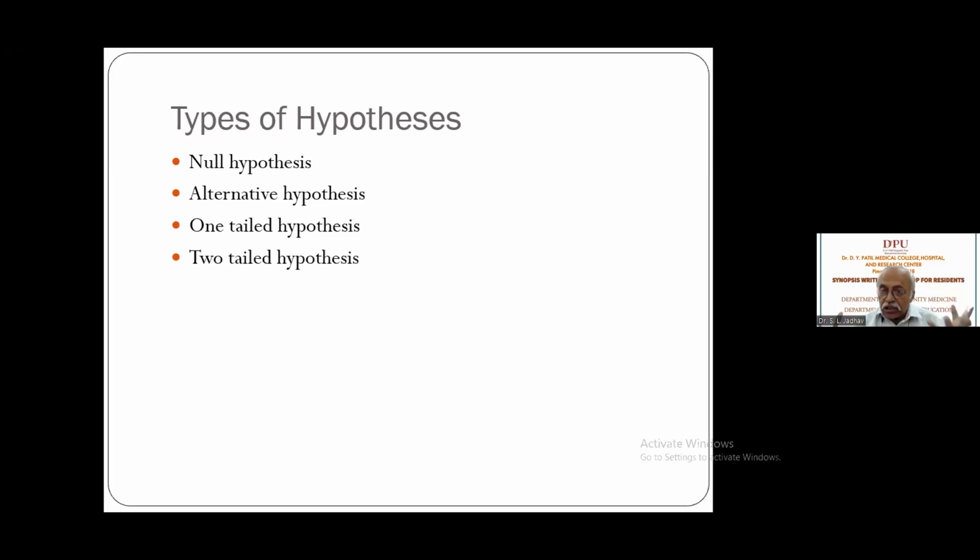But when I start the study, I have to say that there is no association between vitamin D and severe COVID. And then I can take a group of patients who have normal vitamin D level, and the control group is people who have low vitamin D level. And then I see the outcome in the severity of COVID.